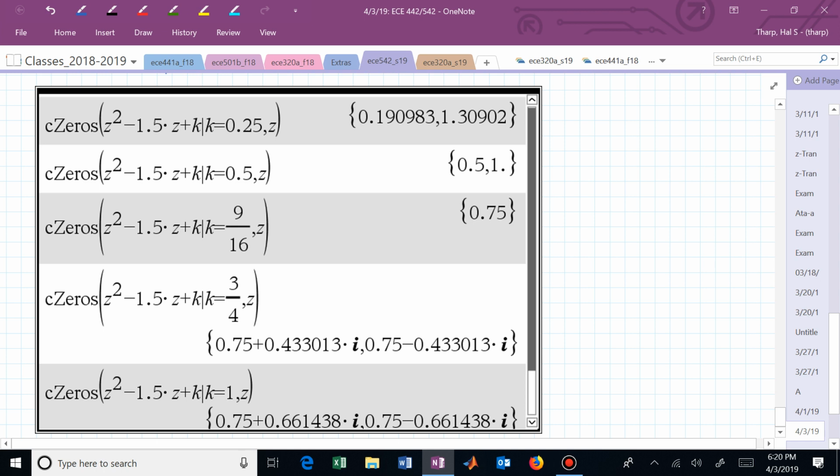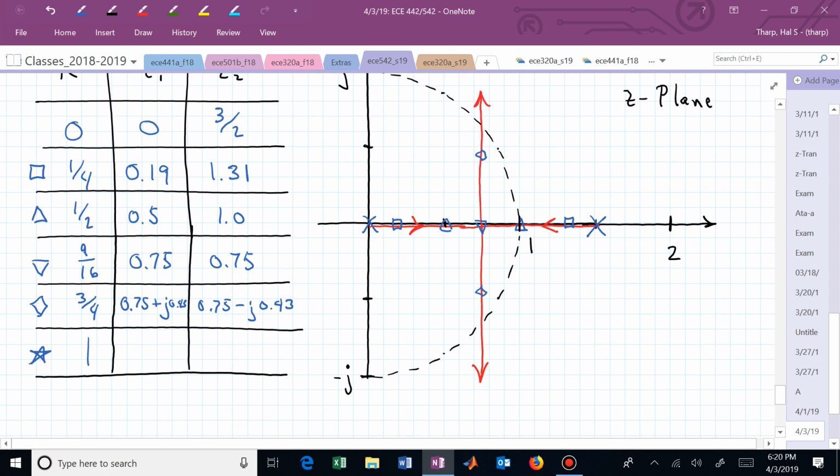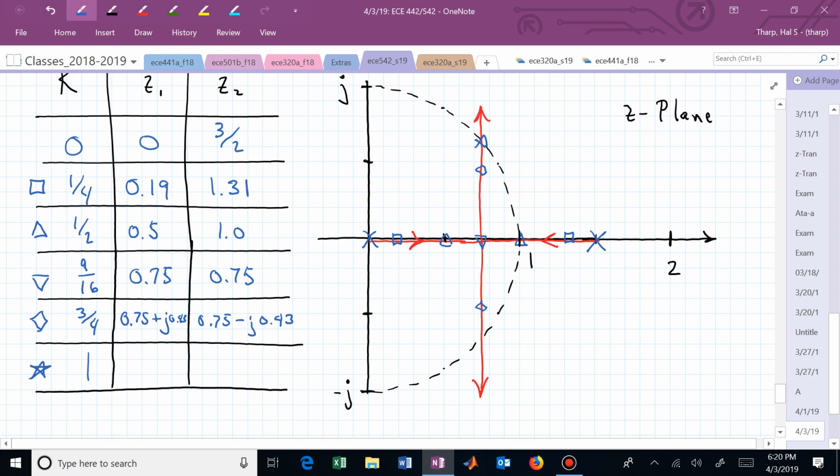If we looked at the magnitude of either one of those, you'll find, I believe, that it gives you a magnitude of 1 for those roots. So at that particular point for the star, we are right here, again, right on the unit circle. This point is at 3/4 plus j0.661.